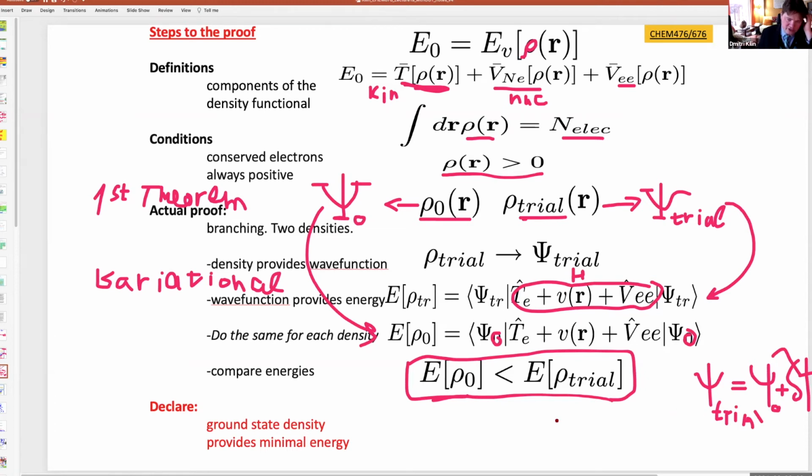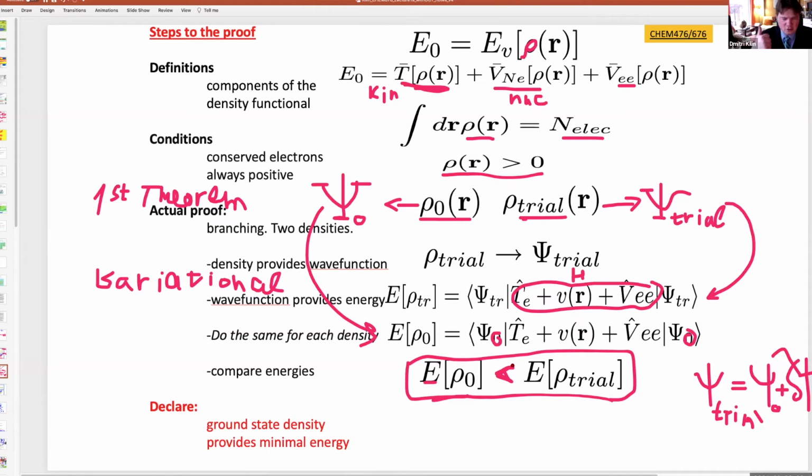So based on the variational theorem, the energy for the ground state density will be smaller than the energy of the trial density. And in order to arrive at this conclusion, we used the first step. We converted density into wave function from the first theorem.